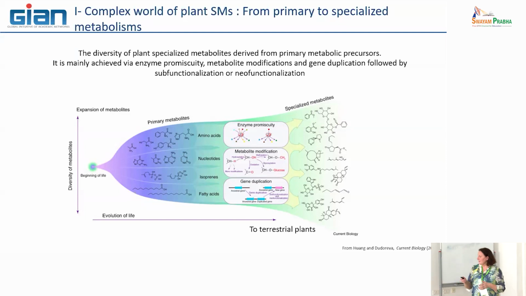And why? In fact, what is interesting is that, as I said to you, primary metabolites lead in particular to amino acids that are taken in charge by specific enzymes to be transformed into specialized metabolites. But what happens during evolution is that one enzyme normally is known to recognize one substrate, to catalyze one reaction in order to give one product. This is what you have studied in class. But in reality, it is not the case.